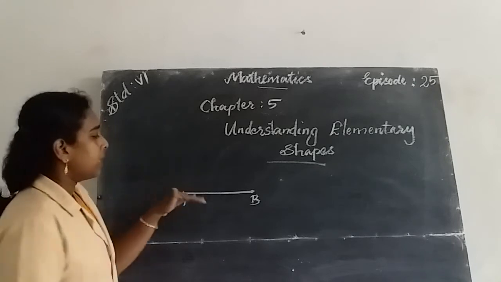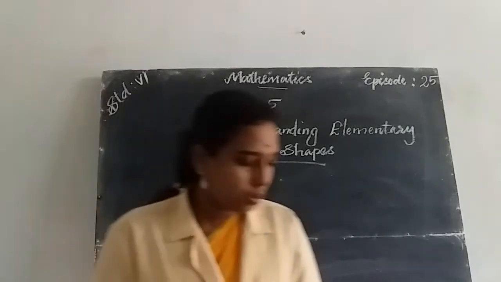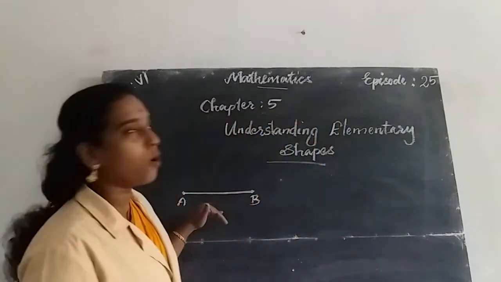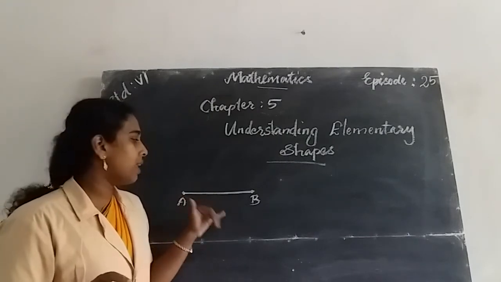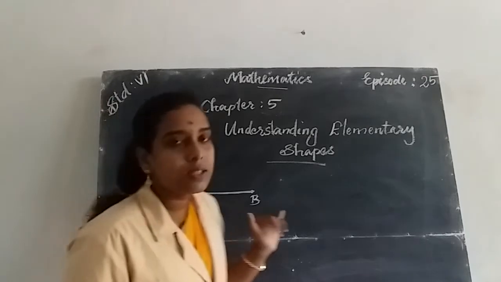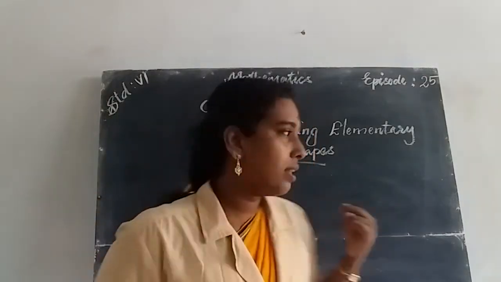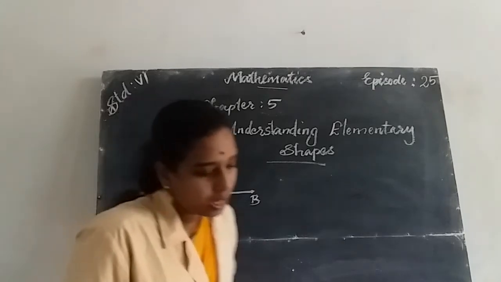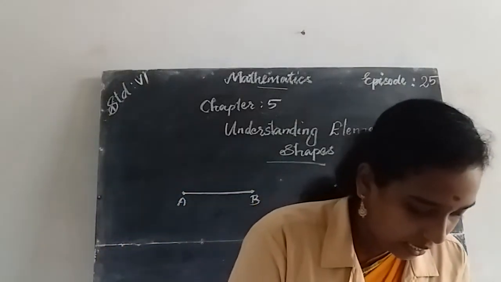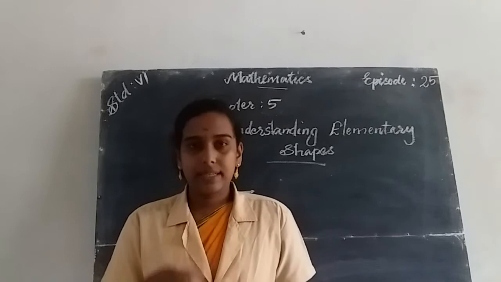Here we use a ruler to find the length of the line segment. We also use a divider to find the length of the line segment. So a ruler or a divider is generally used to find the length of a line segment.